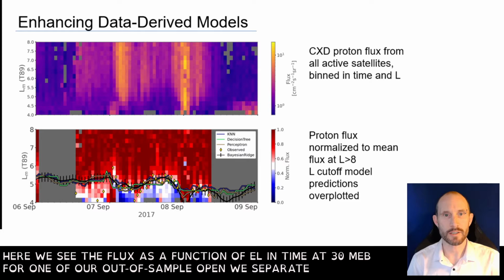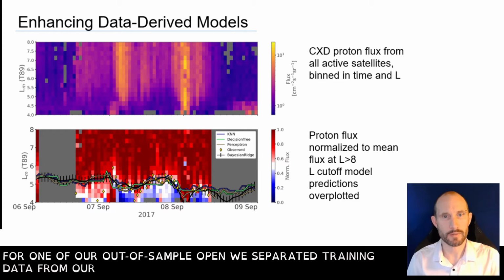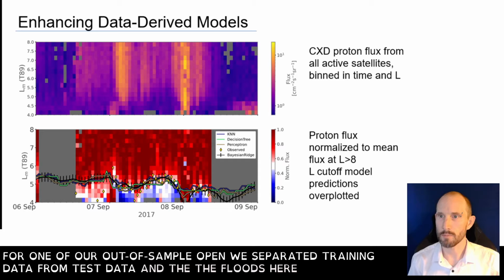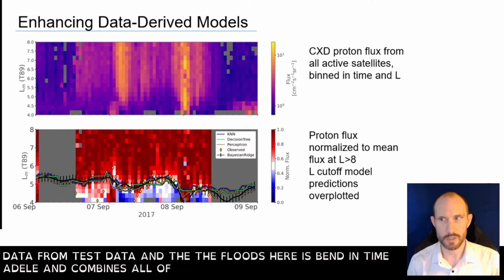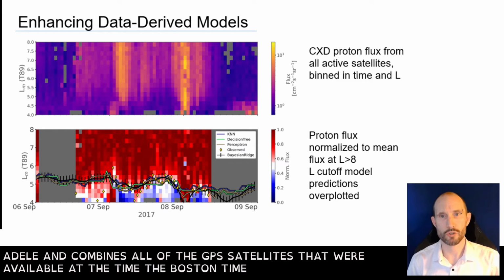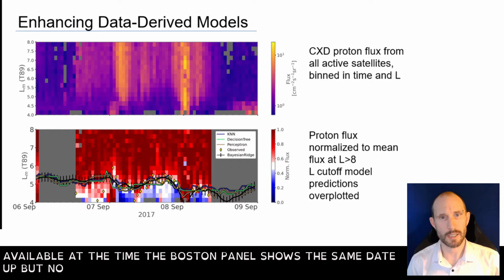We've separated our training data from our test data, and the flux here is binned in time and L, and it combines all of the GPS satellites that were available at the time.